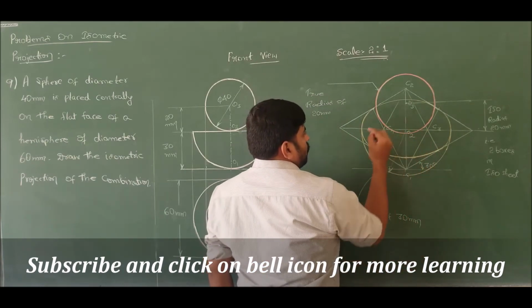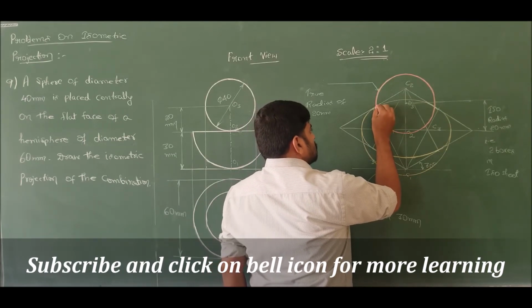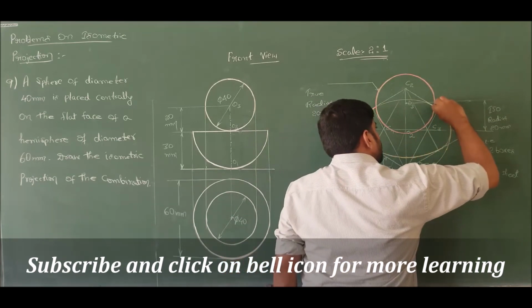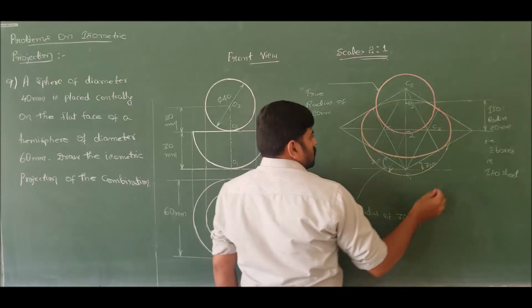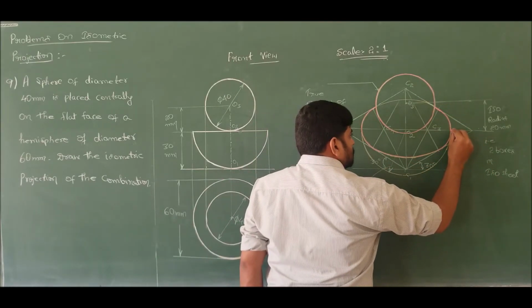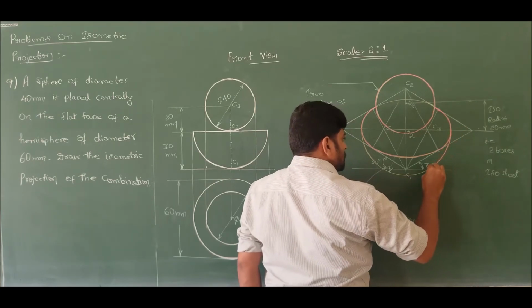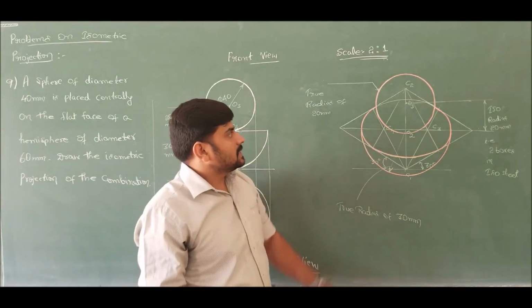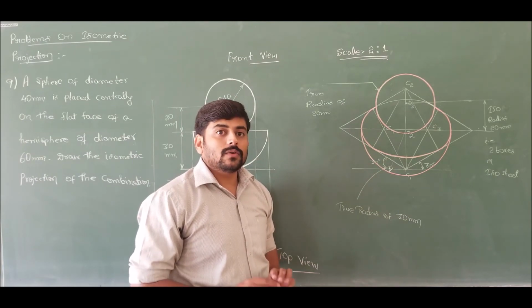Coming to the top face of this hemisphere, which is partly visible, dark the visible portion of this hemisphere top face. This semicircle of this hemisphere is completely visible, so therefore dark the semicircle of the hemisphere. This completes the isometric projection of the given combination of solids without removing the construction lines and invisible edges.